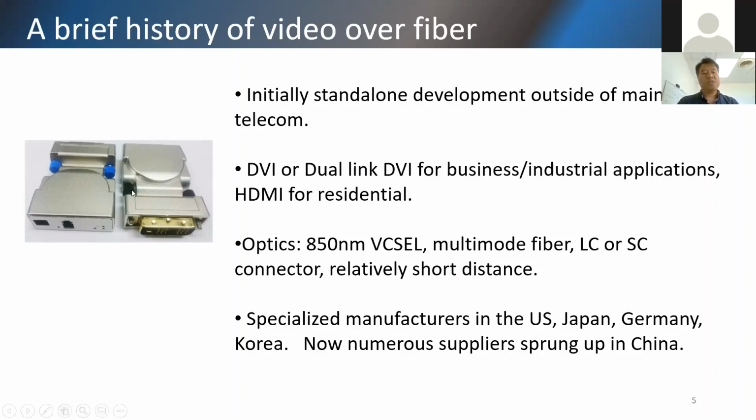But anyway, this is kind of what it looked like. So 10, 15 years ago, mostly those were DVI, dual-link DVI for business and industrial applications, and some HDMI for residential.